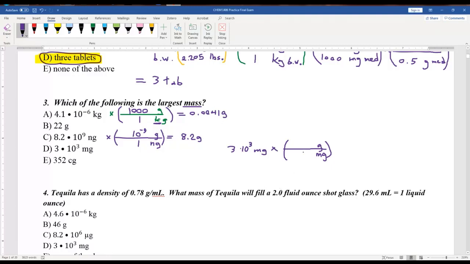Milligrams, yep. And what does milli mean? What number does milli represent? Actually, no, kilo represents 1,000. Milli represents 1/1000, or 0.001.